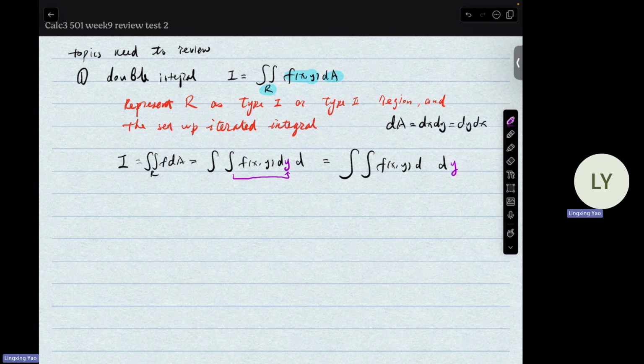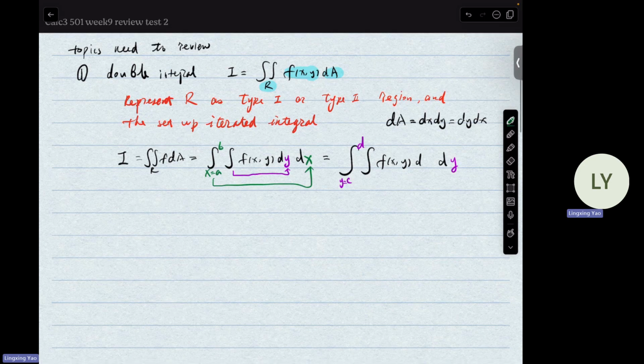And obviously here, for the type 2 region, our y variable will be fixed or bounded between constants. And in the type 1 region, on the other hand, the x variable is for the exterior integral, and the x variable will have the constant bounds.